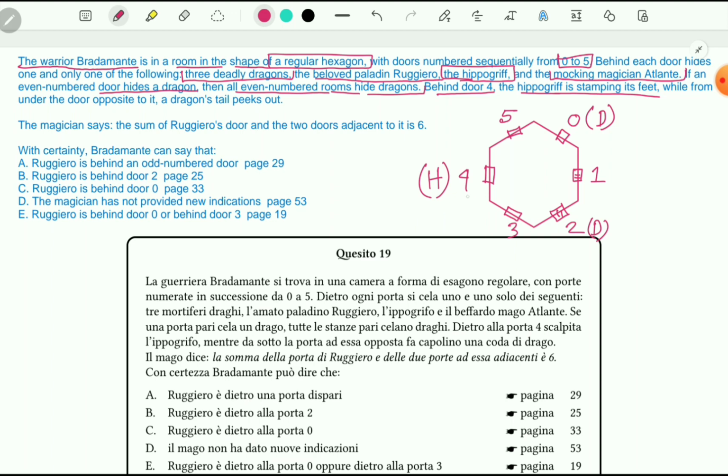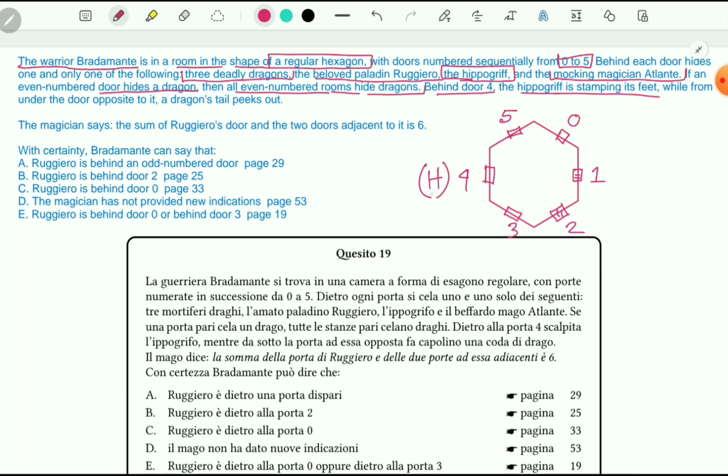So dragon is not behind the even number, therefore dragon cannot be any even number, because we know dragons, if they are in, they are behind the even numbered doors, which means all 3 dragons will be behind the even doors.